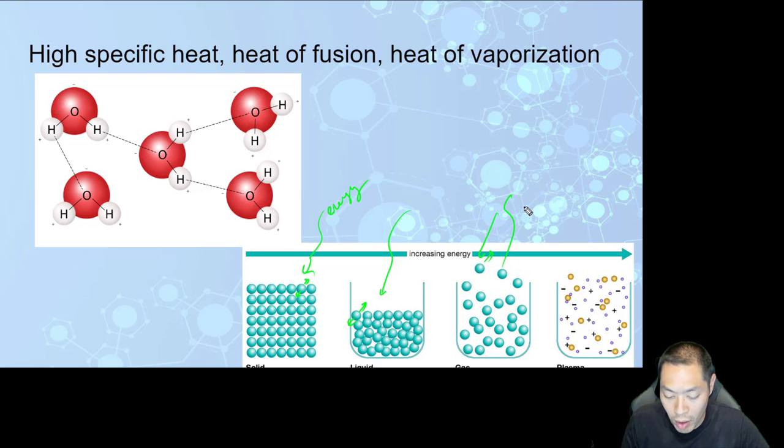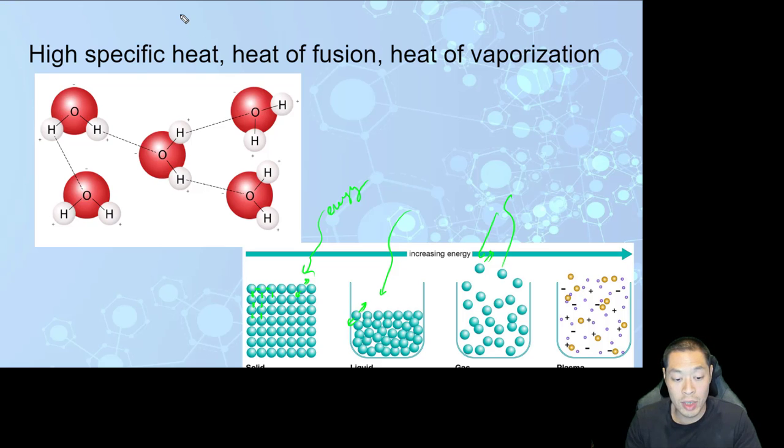Now, if this was water, though, there's going to be tiny little bonds in between these molecules. So as you're increasing energy, as an ice, as a water, or even as gas, it's going to be harder to increase the temperature. So for water, it actually has one of the highest specific heats.